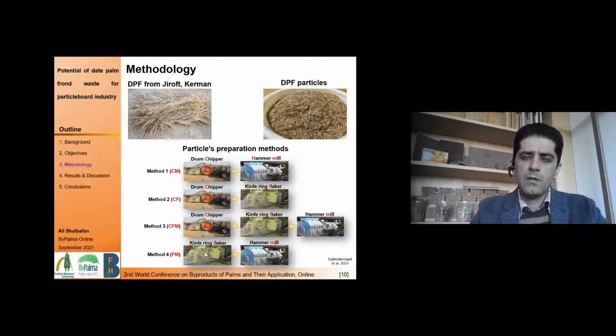And in the last one, the date palm fronds were directly passed through the knife ring flaker and then the hammer mill. Of course, 4 different particles were generated, which have different geometry and sizes.